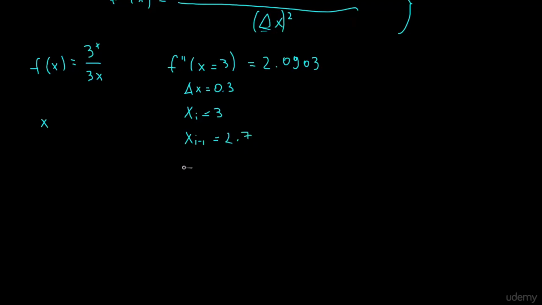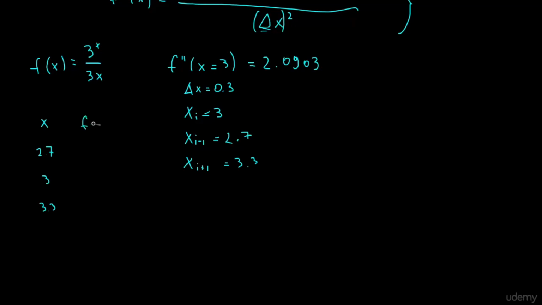And similarly, xi plus 1 is going to be 3 plus the delta, so that's 3.3. So the actual x values are going to be 2.7, 3, and 3.3.